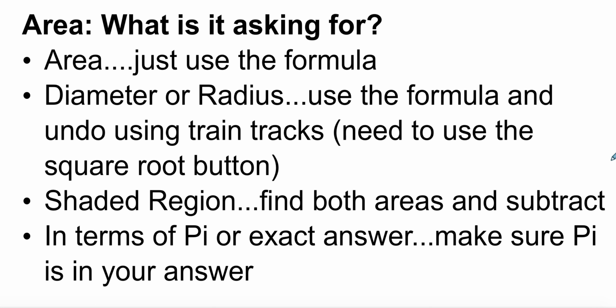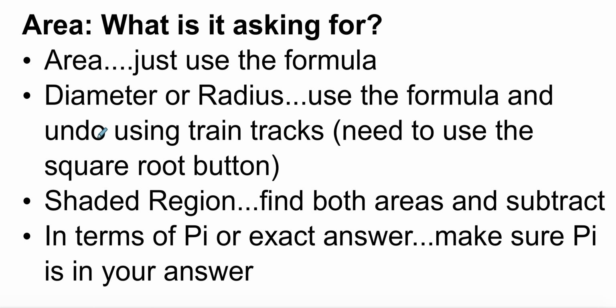Last but not least, if it's asking for area, and it's asking me just to find the area, I need to use the formula. If it's asking me to find the diameter or the radius, I need to use the formula, but plug in the value of the area and then undo the railroad tracks and take the square root in order to solve for the radius, and then double it for diameter.